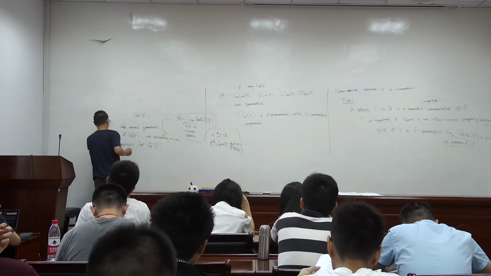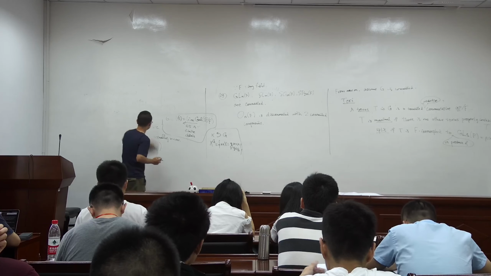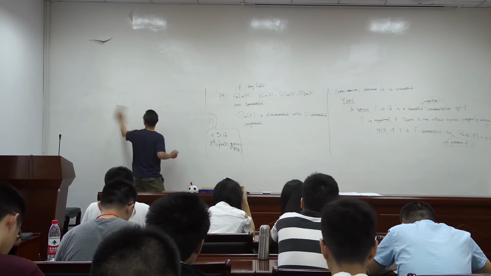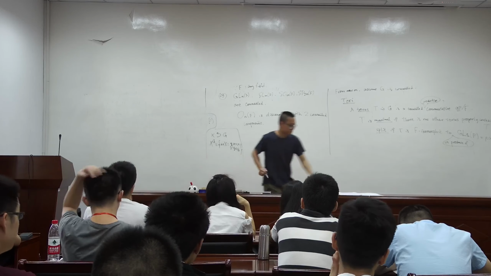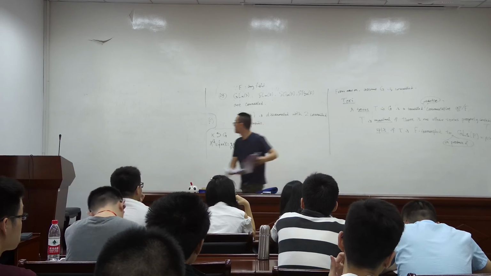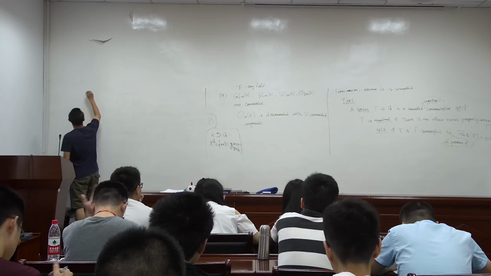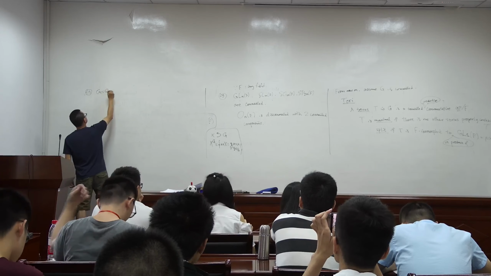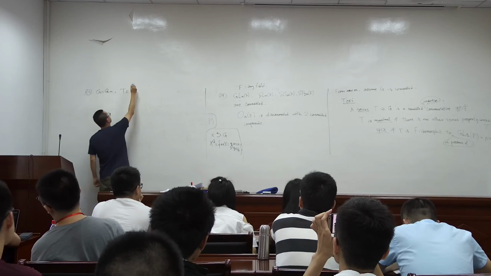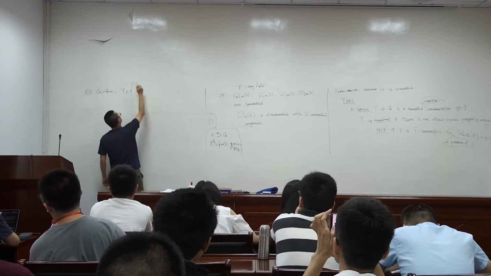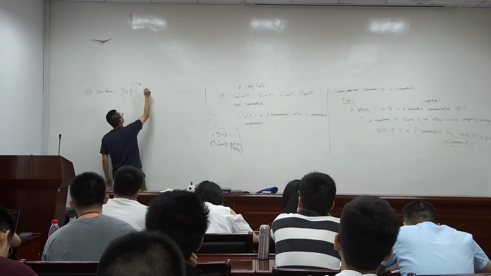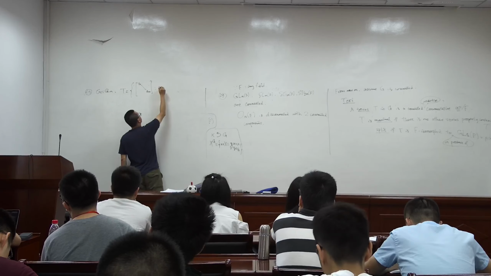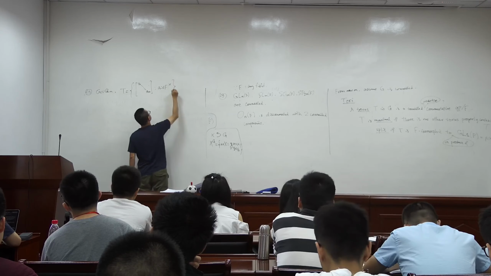I'll give examples. So for example, in GLn, we can take T to be a diagonal subgroup, where the a_i are in F cross.